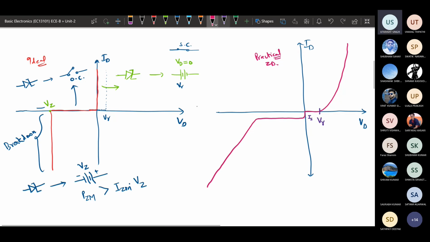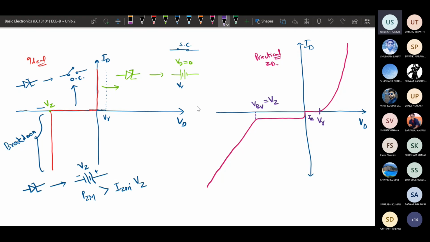So this will be the voltage called the breakdown voltage, which is nothing but the VZ value, the voltage across this. It will have some current IS, or in the general diode case we can say IZ.